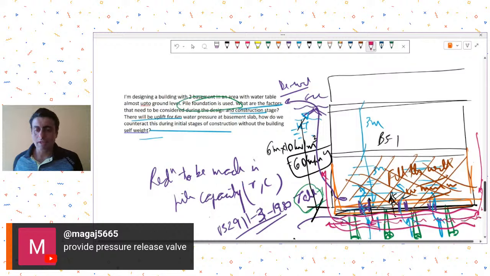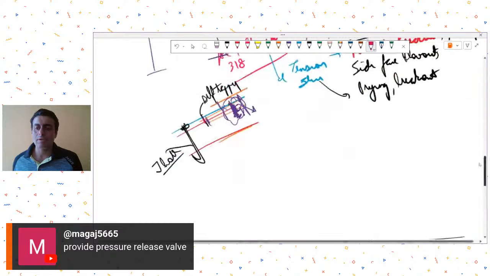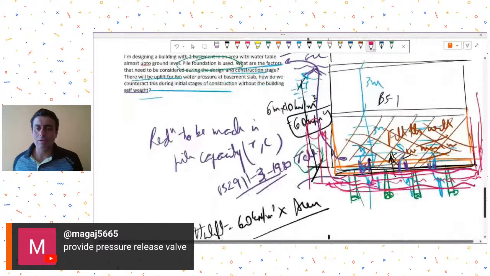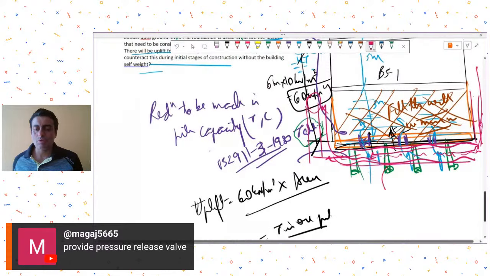So we have created some channels, and those channels are connected to some pipes, let's say, and that can be connected to some motoring arrangement. So deliberately we want this water to percolate and come inside this channel, and from there we can pump it out. So this can be another option.